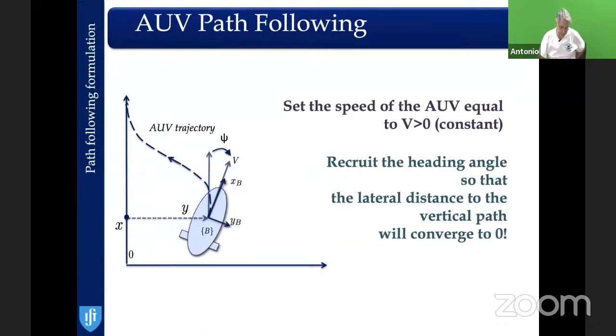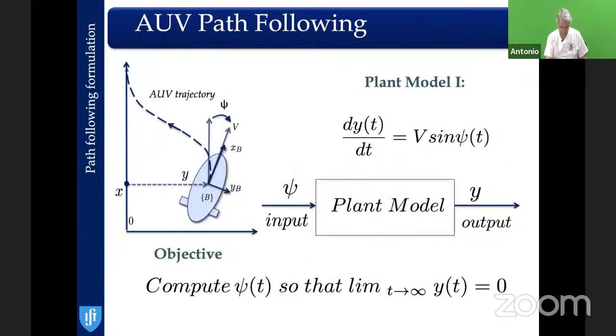So let's think of a very naive way of doing this stuff. So the very first thing you have to do is to come up with what we call a plant model or a design model, which in this case is trivial, because if your velocity vector is here and this angle is psi, then by projecting onto this axis, you get the time derivative of y is v times the sine of psi.